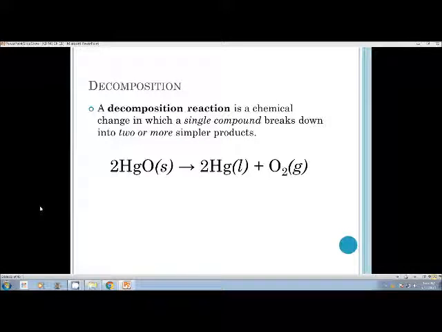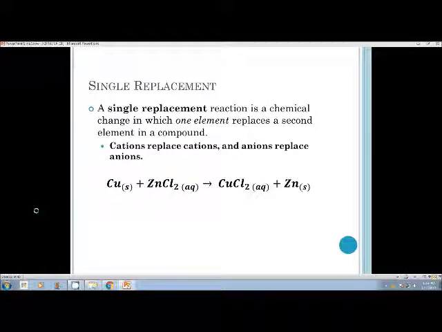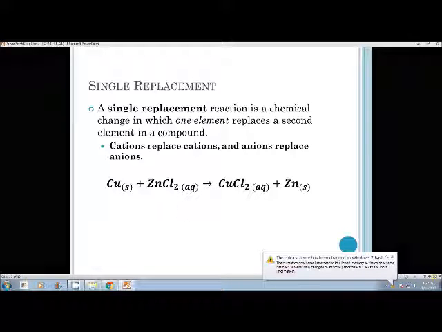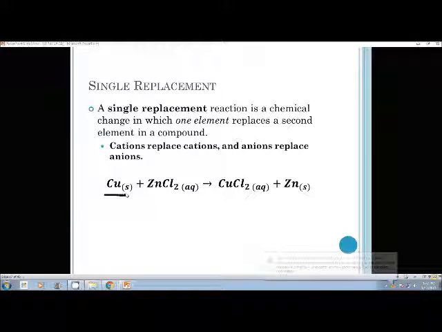So the first one we have is a single replacement. I abbreviate this one SR for single replacement. In a single replacement, you have 2 reactants and you have 2 products. Okay? This is the hardest one to identify for most people. Because on the reactant side and on the product side, we have things that are by themselves. They're single.